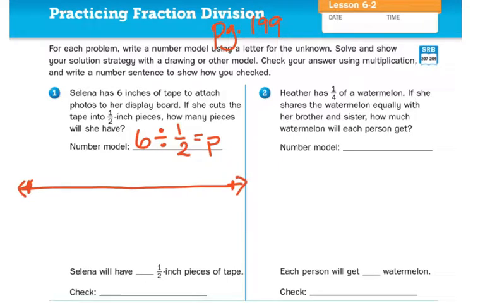I'm going to call this 0, call this 6, and go 1 inch, 2 inch, 3 inch, 4 inch, 5 inch. But it's not inches that she divides it into. Remember, it's half an inch.